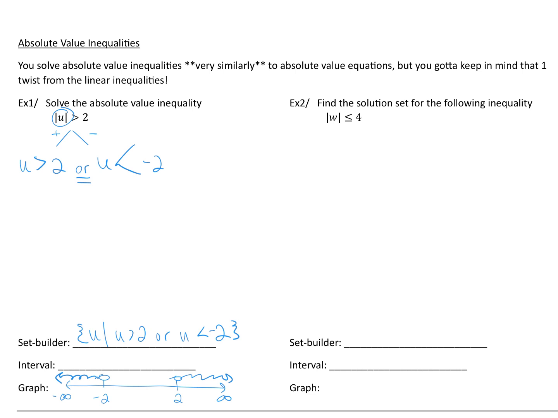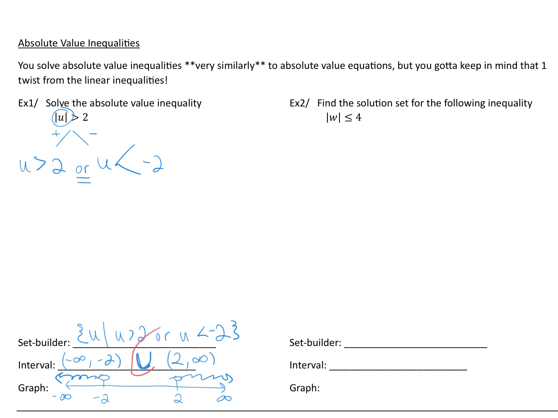Now, interval. With the intervals, because there are 2 of them this time, we have to list both of them out. So negative infinity to negative 2 and 2 to infinity. And the way to join together two inequalities by or, but in interval notation, we will put a U between them.